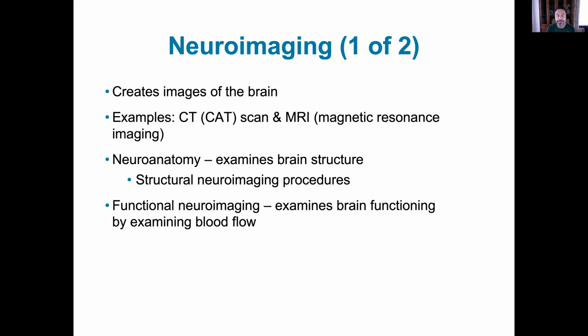In modern psychological research, we can do a lot more as far as looking into our brains while we are doing things, because we have some sophisticated measuring devices such as CAT scans or MRIs.